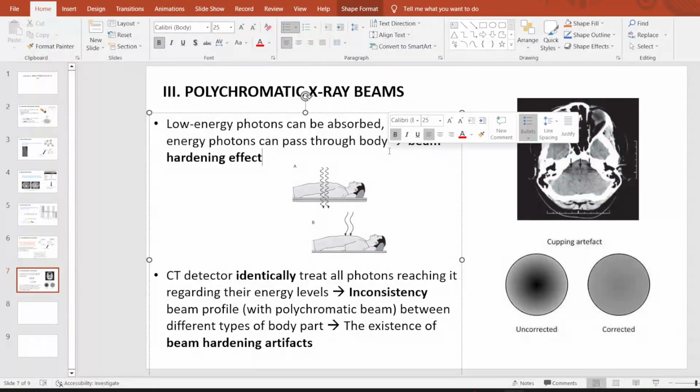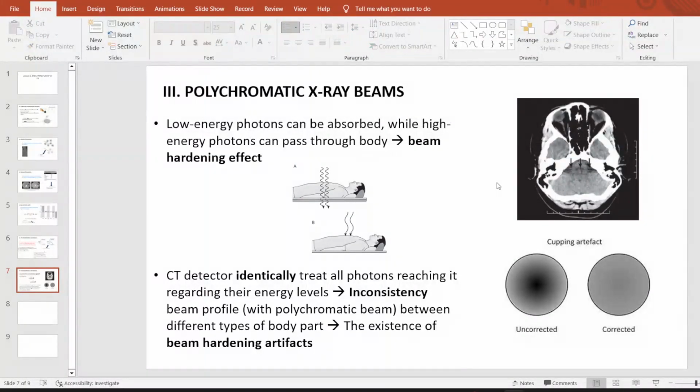Let me explain why. The low energy photons can be absorbed by the patient, but the higher energy photons can pass through our body. So whenever the beam goes through our body, the remaining beam photons are usually the higher energy photons. That phenomenon we call the beam hardening effect.